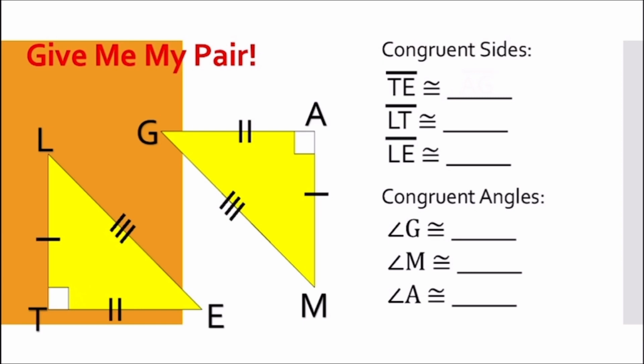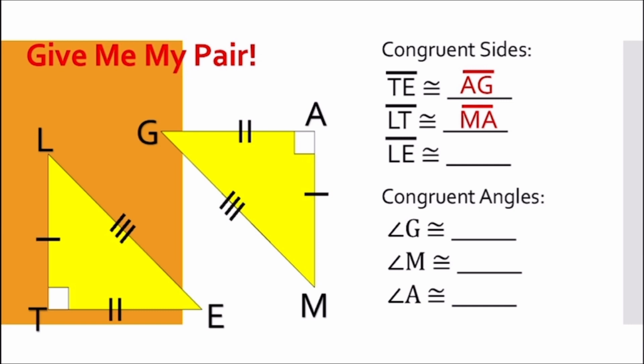For our congruent sides, line segment TE is congruent to line segment AG or line segment GA. Next, line segment LT is congruent to line segment MA or line segment AM.